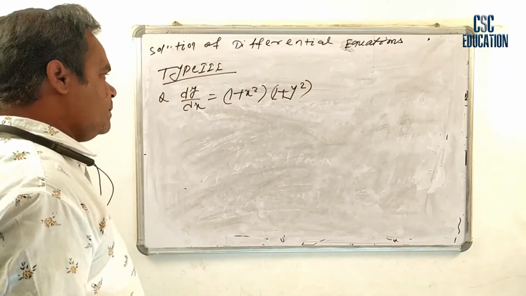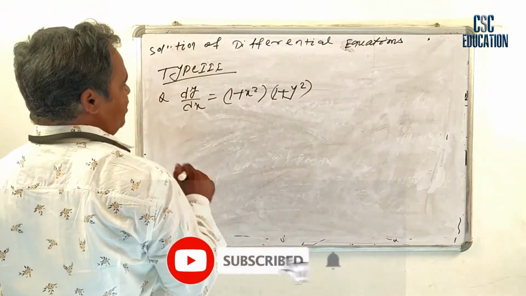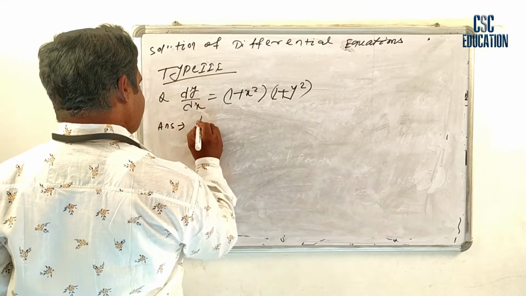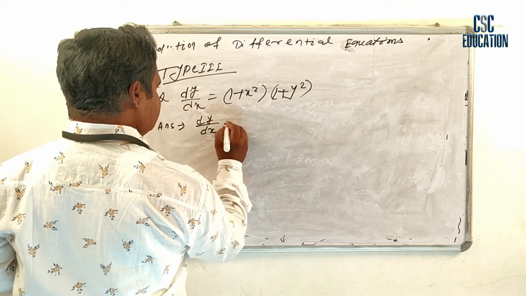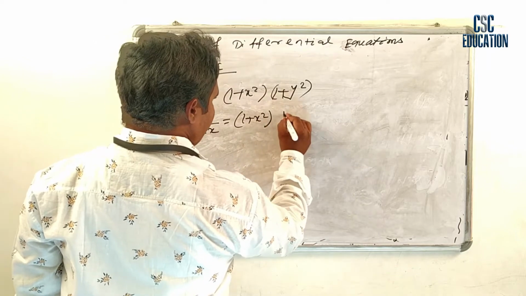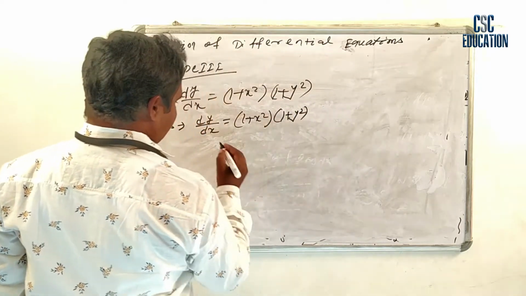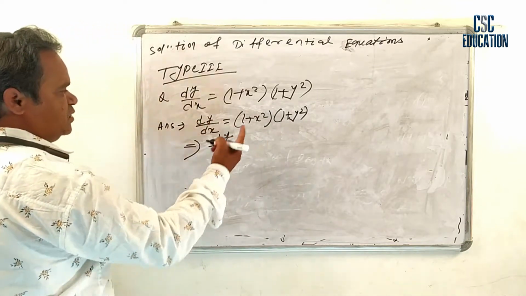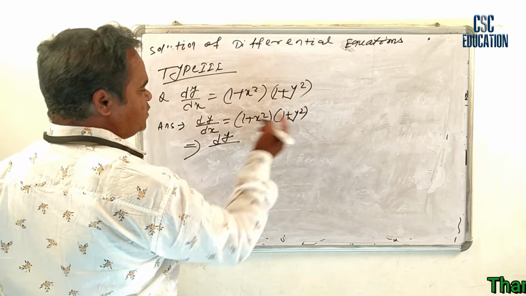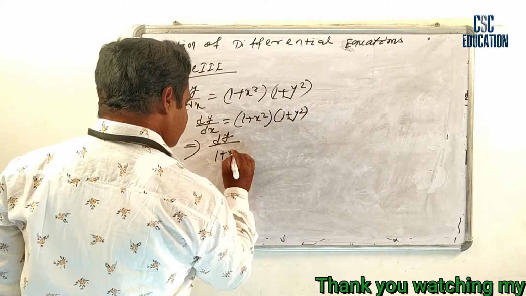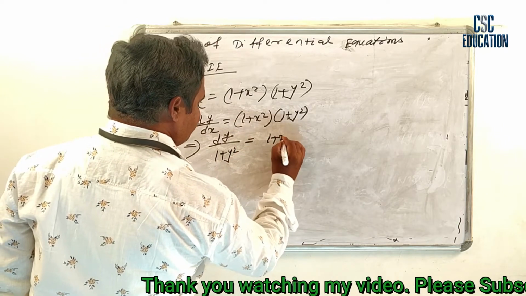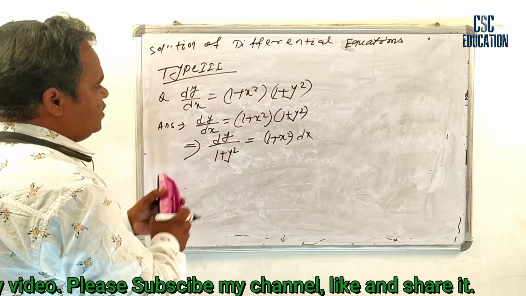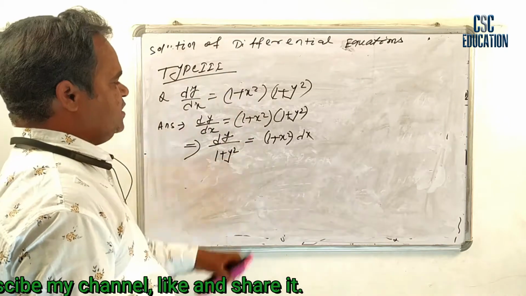It is a product of x and y terms. Given dy by dx equals 1 plus x square times 1 plus y square, now separating the variables, dy divided by 1 plus y square equals 1 plus x square dx. I have put the y factor in the y form and the x factor in the x form.